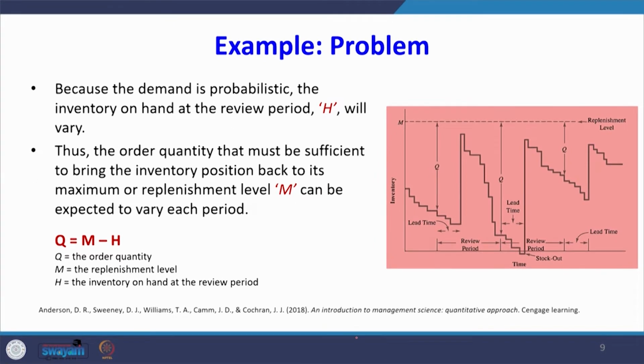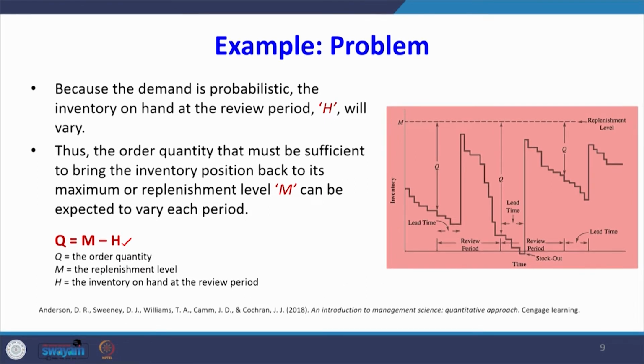Because the demand is probabilistic, the inventory on hand at the review period, that is H, will vary. So, this H also will vary. Thus, the order quantity that must be sufficient to bring the inventory position back to its maximum or replenishment level M can be expected to vary each period.